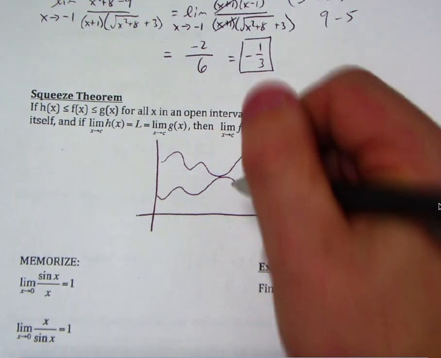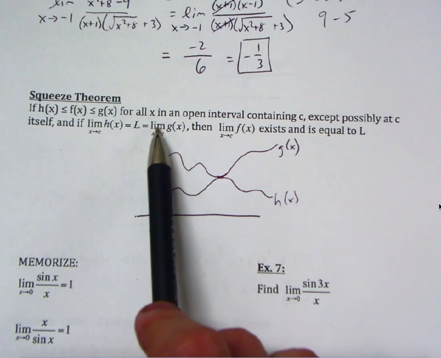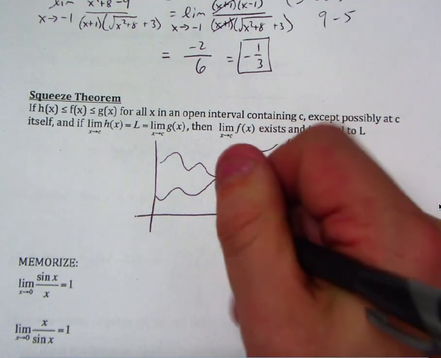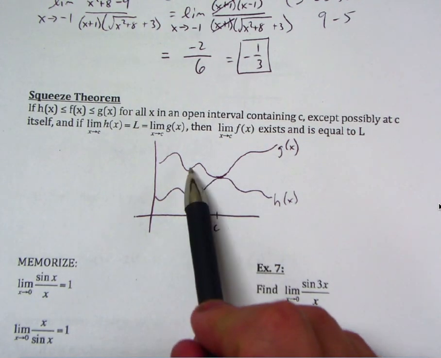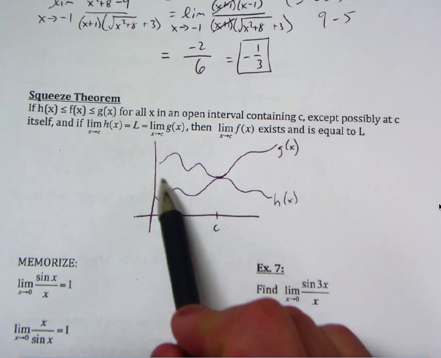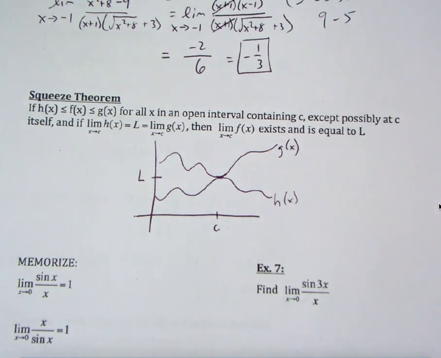The reason I'm going to have them touch is that the theorem says they have the same limit at a particular x value. Where they're touching right here, I'm going to call that x value c. And as x approaches c, each one of these is approaching L right here. That y value is some limit. It doesn't matter what it is. Call it L.